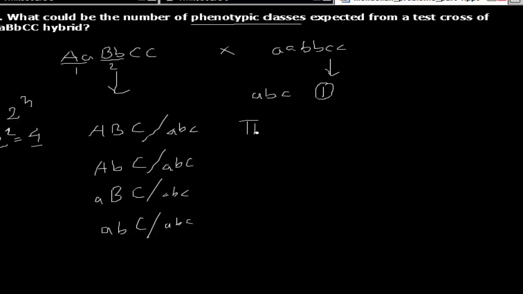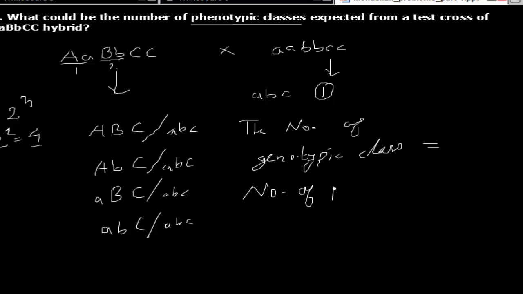the number of genotypic class is equal to number of phenotypic class is equal to 4.